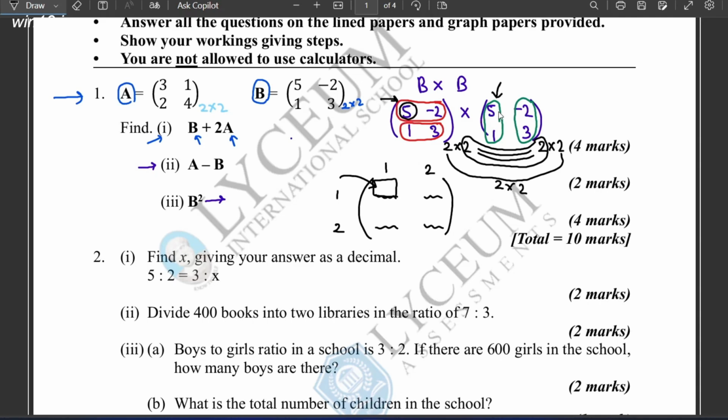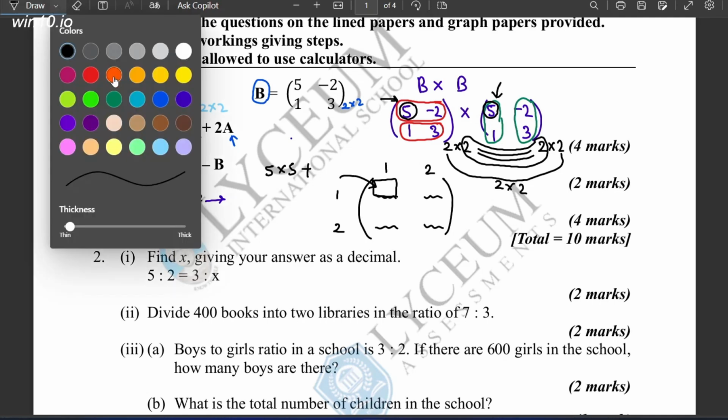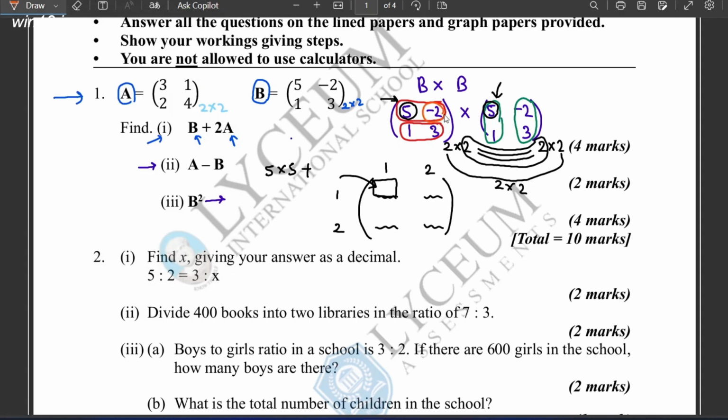We multiply the first elements, 5 times 5, and we add to it the product of the next two, minus 2 times 1. Now what is the answer? 25 minus 2 is 23. So here the answer is 23.